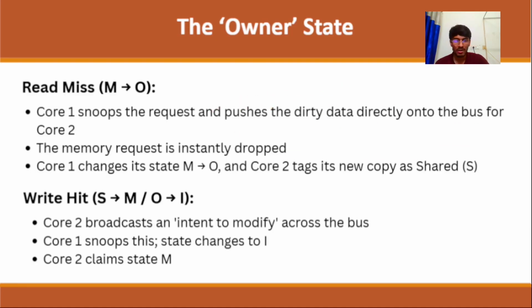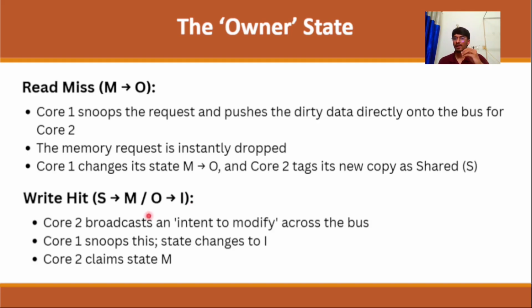Now let's see what happens. On a read hit, the block must be in M, O, or E state. The cache confirms it has the correct local value and simply returns it to the CPU with no state change required. On a write hit, if the core state is S, it moves to M, and all other cores with owner state will move to invalid.